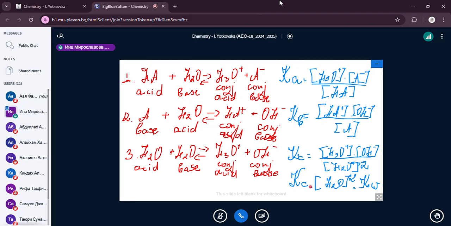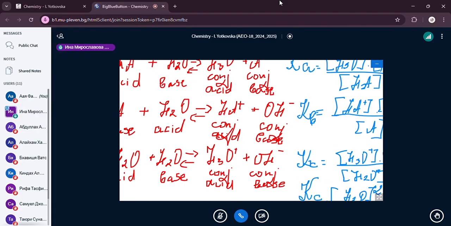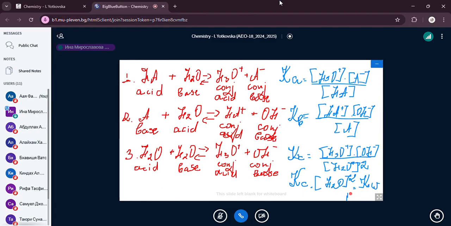And as I told you, from the values of every one of these components, we obtain that the value of Kw is 1 multiplied to 10 raised on the power of minus 14.